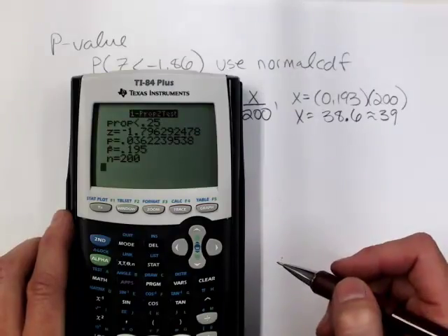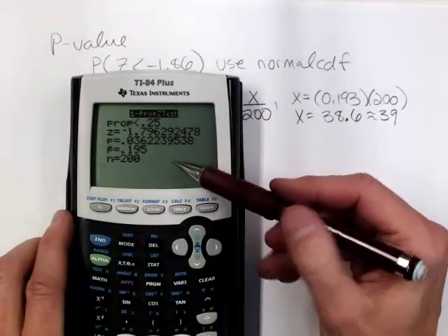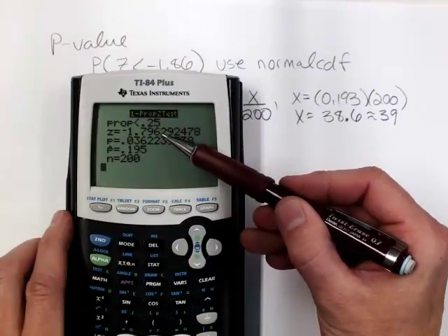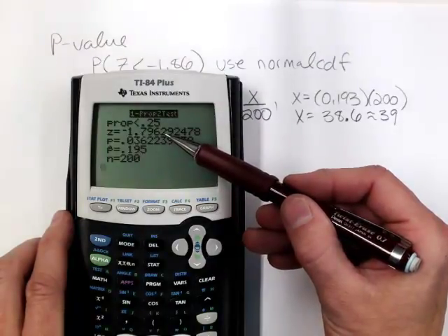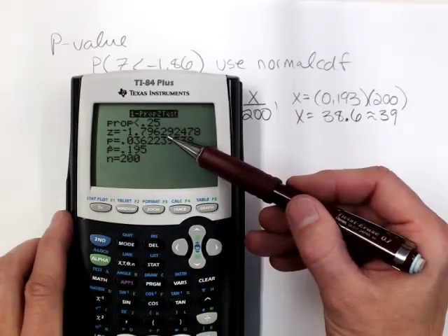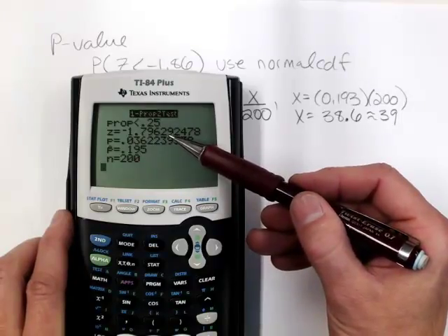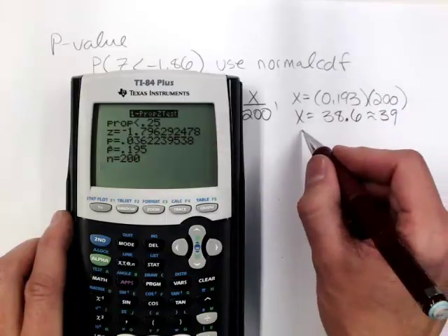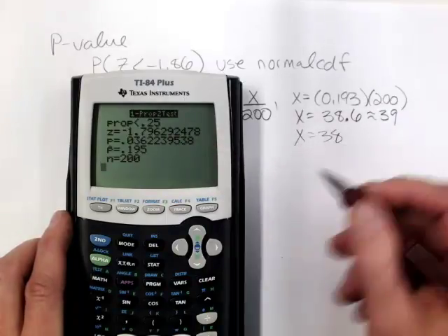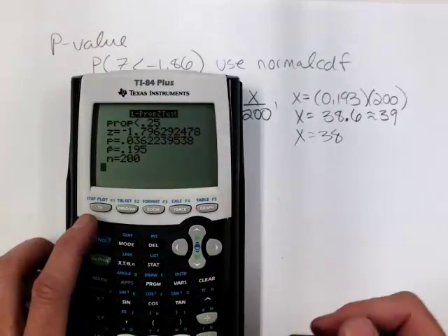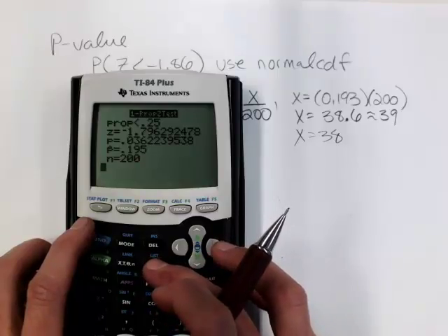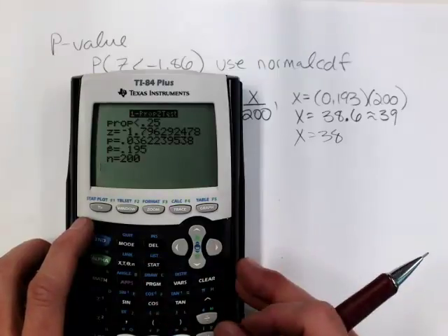Okay, so look at the z value. It's negative 1.796. And what did we get by hand? Negative 1.86. Now, out of curiosity, I'm going to go ahead and change that x value to 38 and see if that gets closer to that test statistic by hand. Unfortunately, the book doesn't really give any good rounding information.